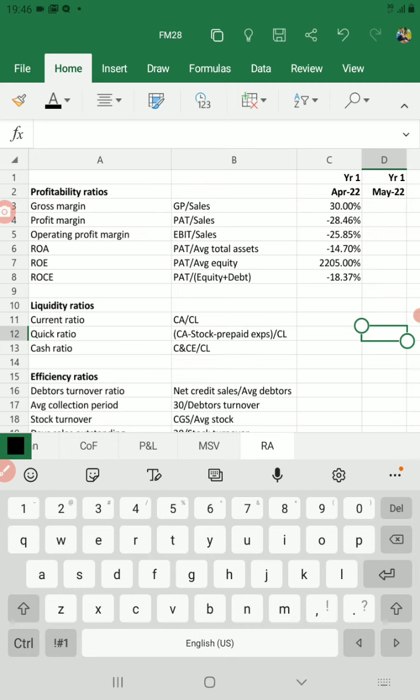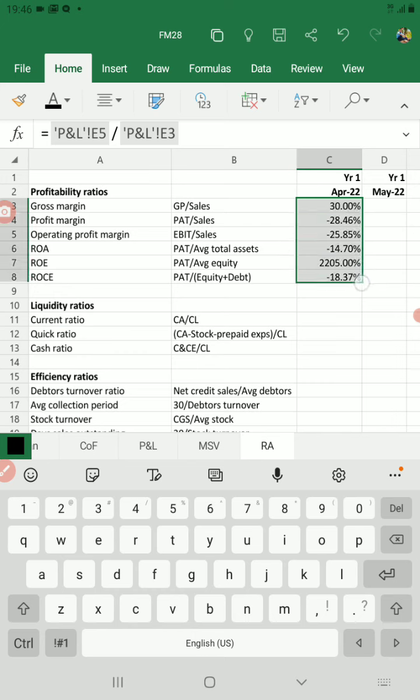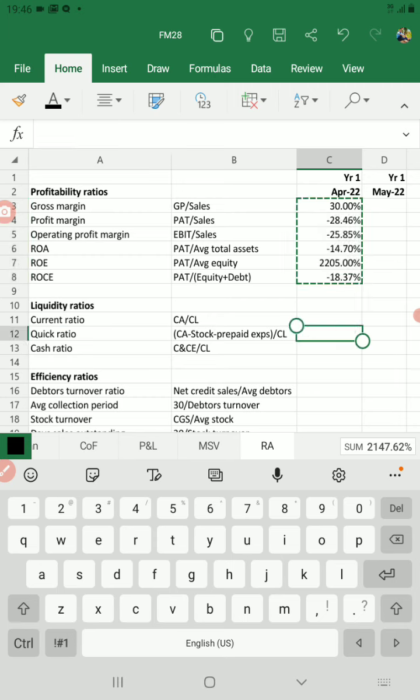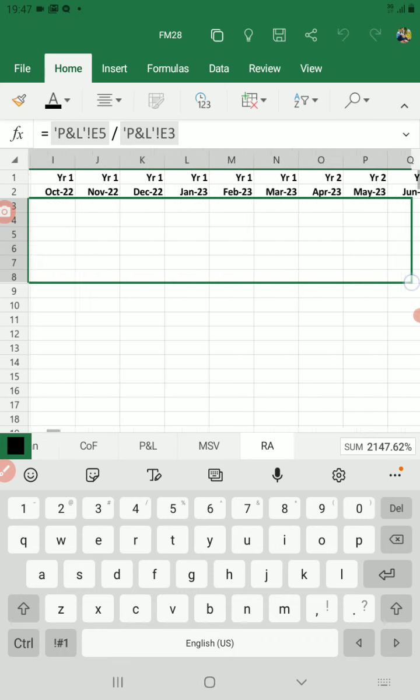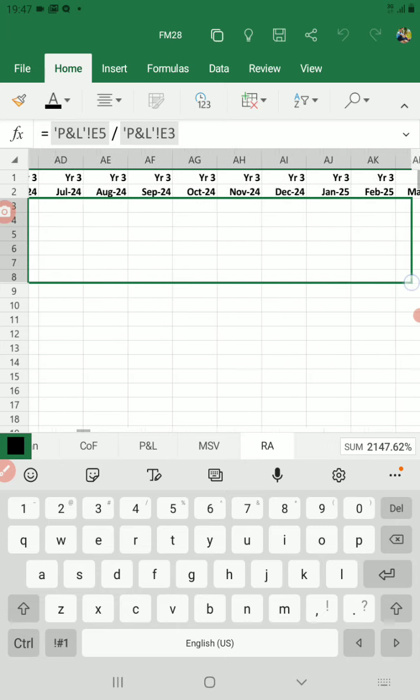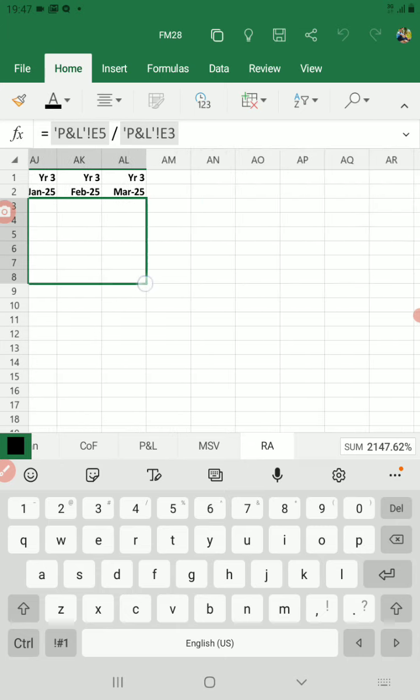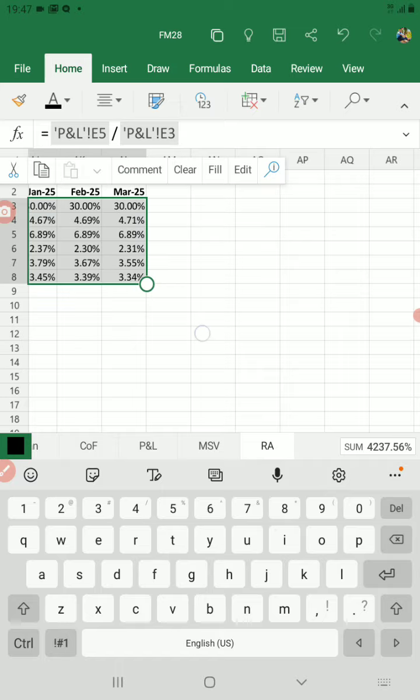Now I can simply select these ratios here, and then copy, or instead of using the copy, let me use the fill. So just select these and then fill throughout our projection period. So this is the monthly ratio analysis.